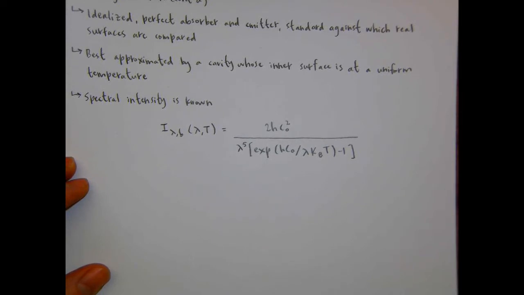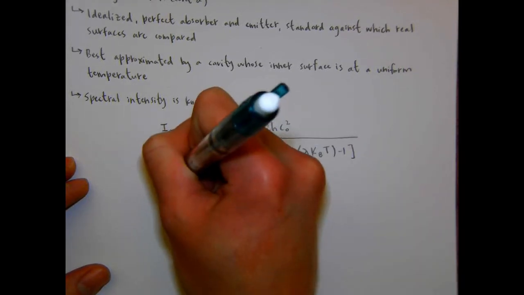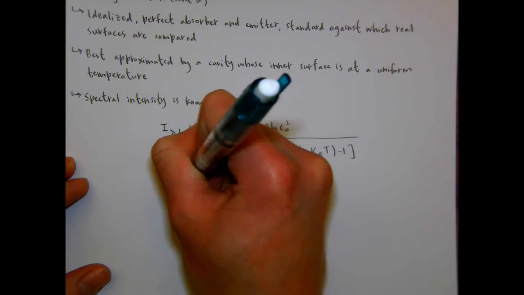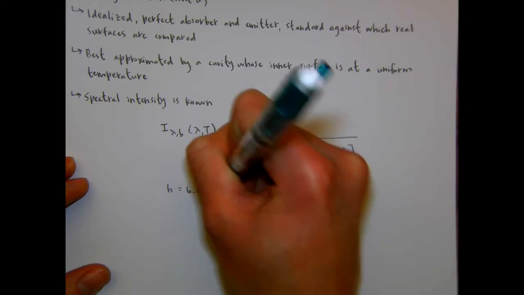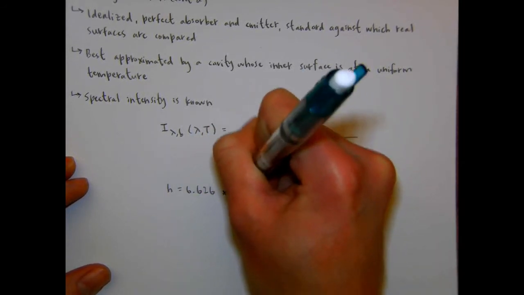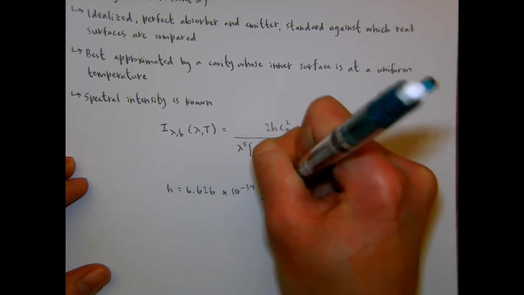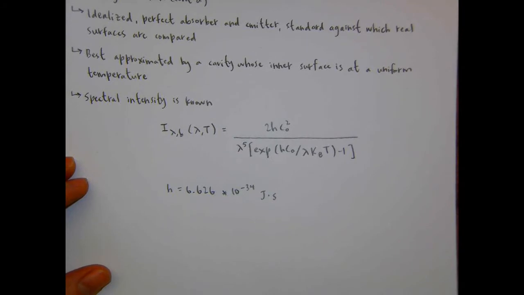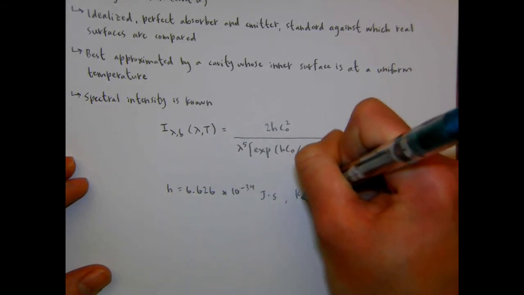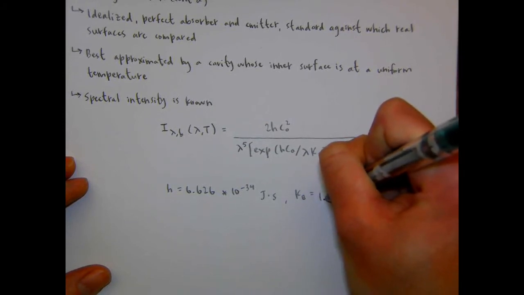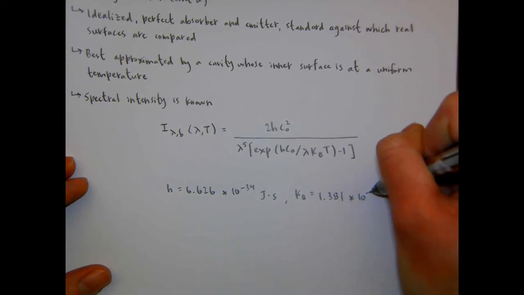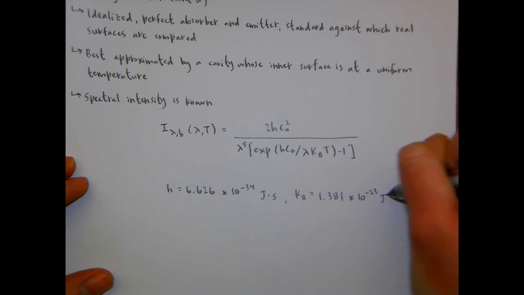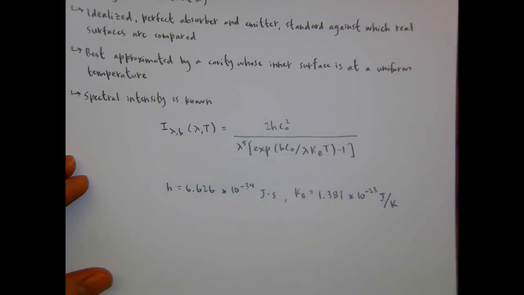And h, k sub B, and c sub naught are all constants. h is 6.626 times 10 to the negative 34th joule seconds. k_B is 1.381 times 10 to the negative 23rd joules per Kelvin.